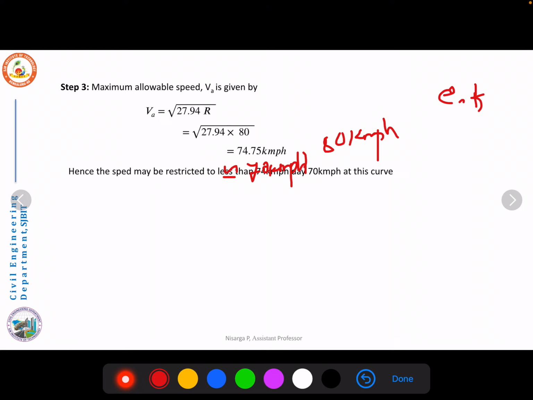This is how we check the maximum super elevation and friction developed at the horizontal curve, and decide whether a restricted speed is required or not.